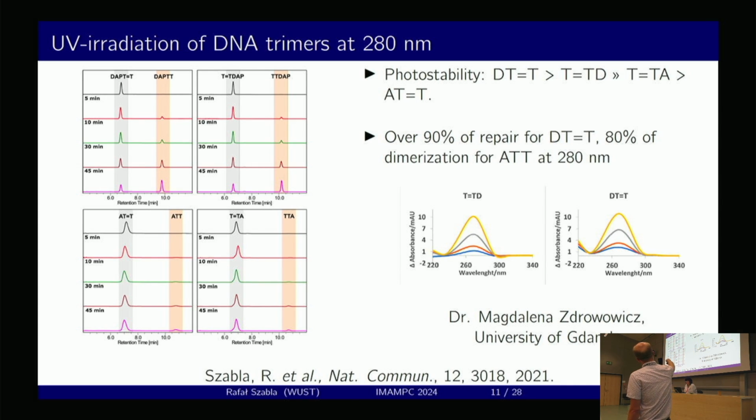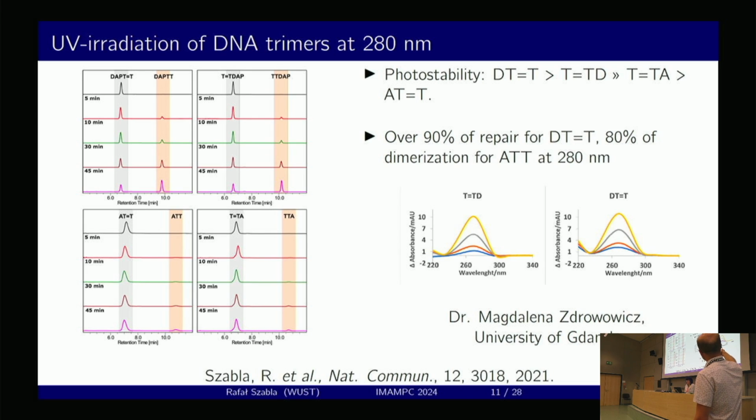And the formation of the repaired photoproduct from the damaged trinucleotide is very fast. And what is even more fascinating about this system is that we actually can get up to 92% of repair for DTT, 80-something for TTD, so you have different strand directionalities, but they are quite the same in terms of the efficiency.